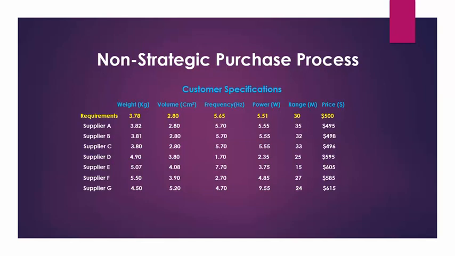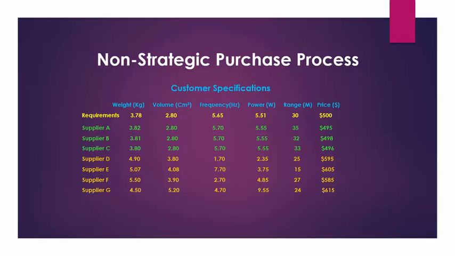Then the purchasing or supply manager goes out and identifies viable suppliers. So basically we have 7 alternate suppliers here, and they list what the product characteristics are of their particular product. So I can compare and contrast all of these items with my requirements.